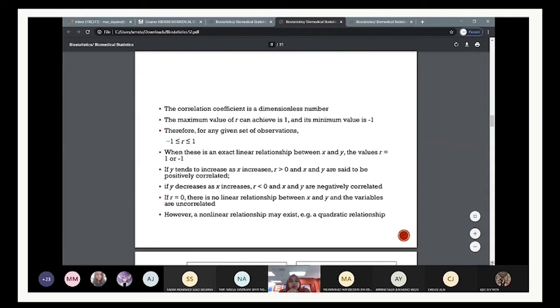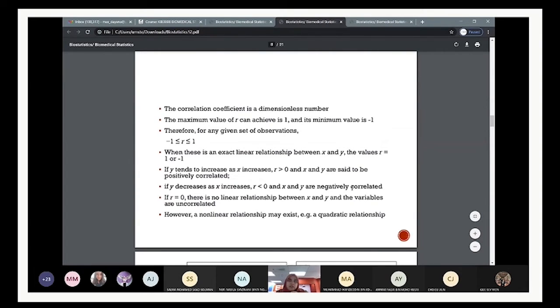If R is 0 or towards 0, we can say that there is no linear relationship between the two data sets, and the variables are uncorrelated. However, a non-linear relationship may exist.